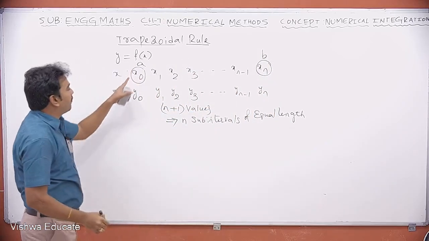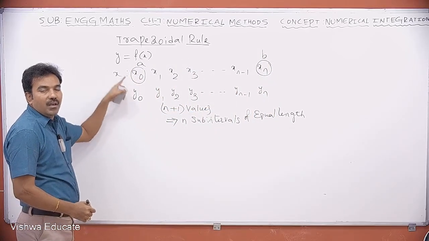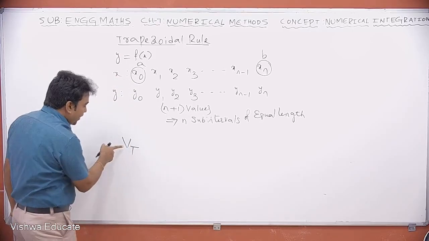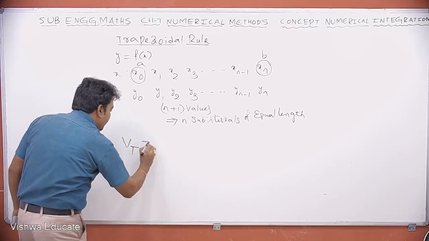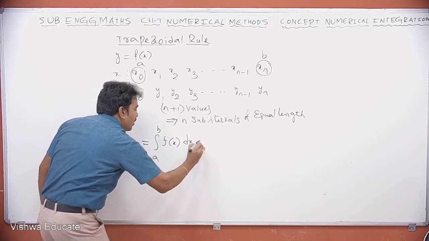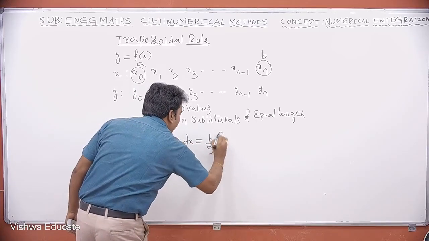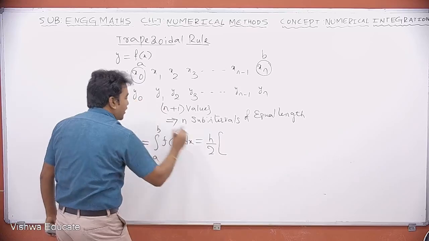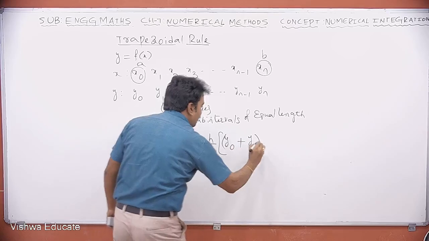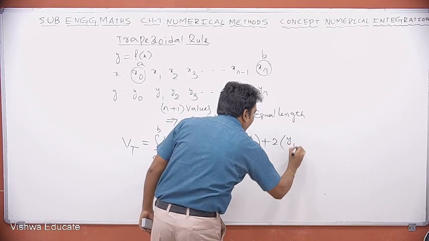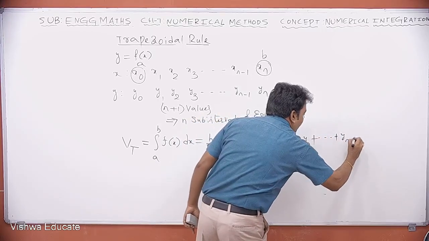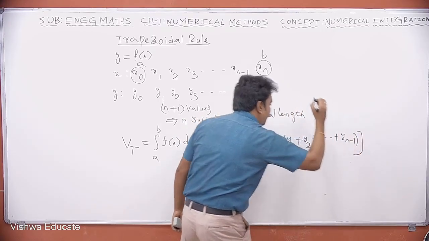Therefore, the value of integral a to b f of x dx using the trapezoidal rule is given by this VT, where VT is the value by trapezoidal rule. Symbolically we write integral a to b f of x dx is given by h by 2 into the starting value of y, y0, plus the last value of y, yn, plus 2 times the sum of the remaining y values: y1 plus y2 and so on, up to the last but one y value, yn minus 1.